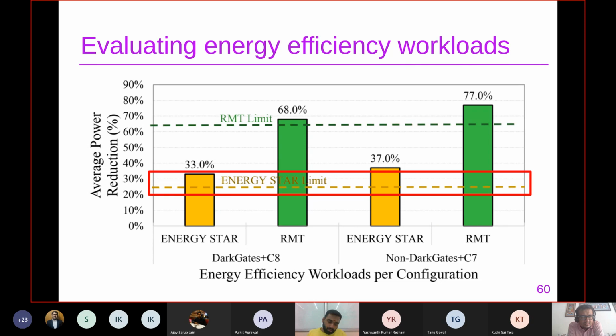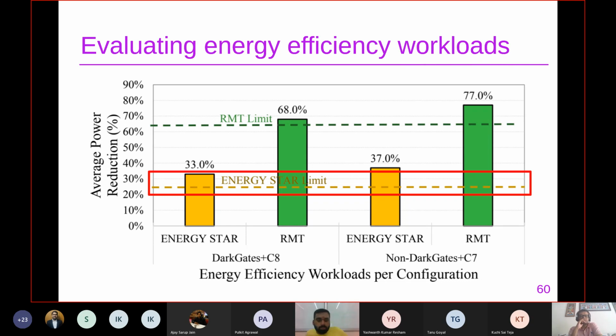The full form of RMT is Intel Ready Mode Technology. Basically, these are workloads which have long idle phases where the system enters into idle states. Okay, got it. So these are not like SPEC, that's why they are evaluated differently. Yes, absolutely.